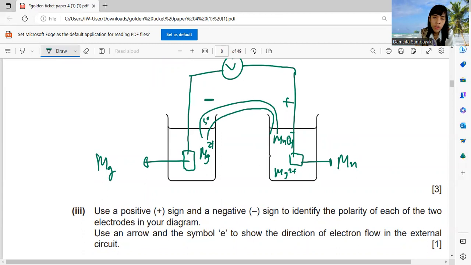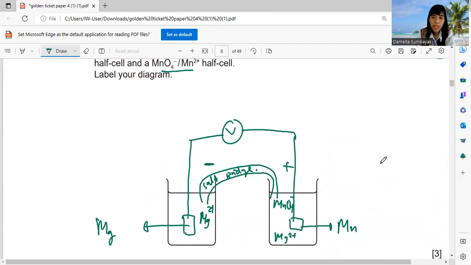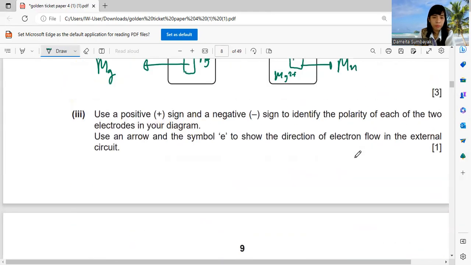Okay, we call this the salt bridge. Usually the salt bridge uses KNO3. Don't forget also to mention the conditions. It should be 1 mole per dm cubed, 1 atmosphere, and 298 Kelvin for the temperature.